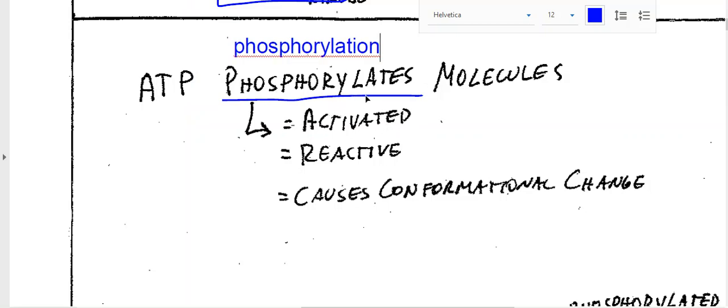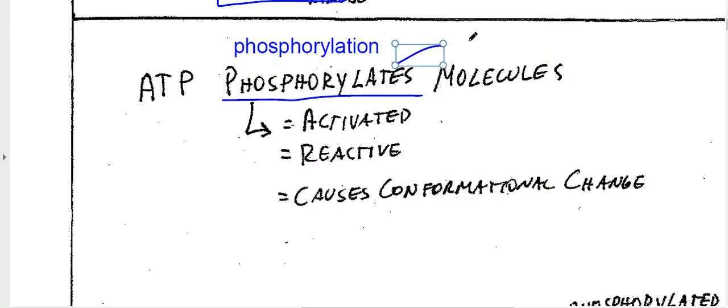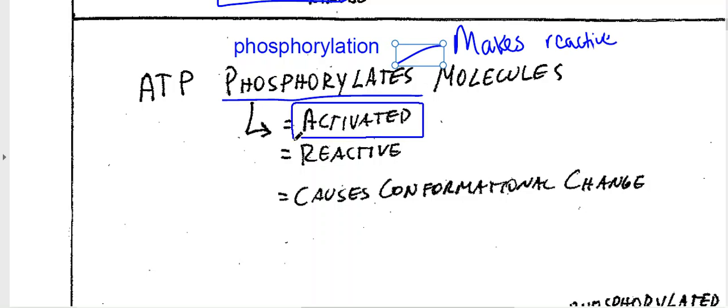It's the verb. And once you've received a phosphate, it makes you reactive. So this is going to activate the molecule. Whatever molecule receives that phosphate group is going to get activated.